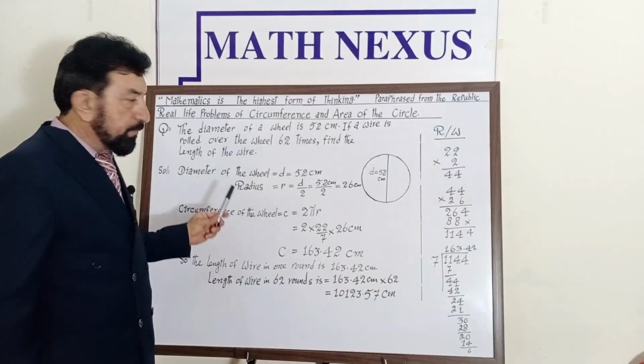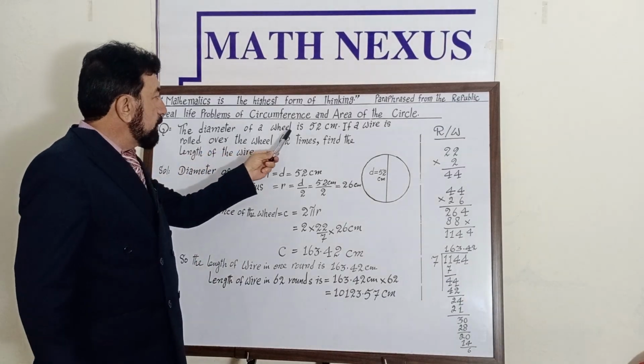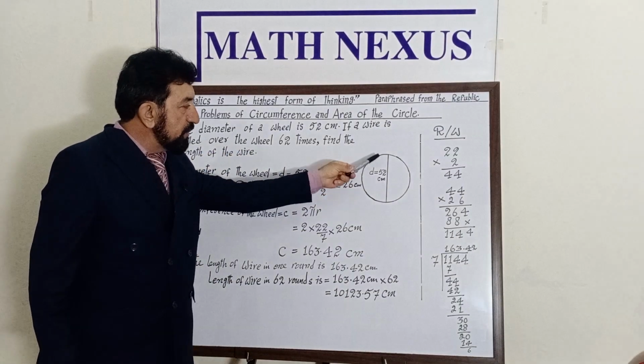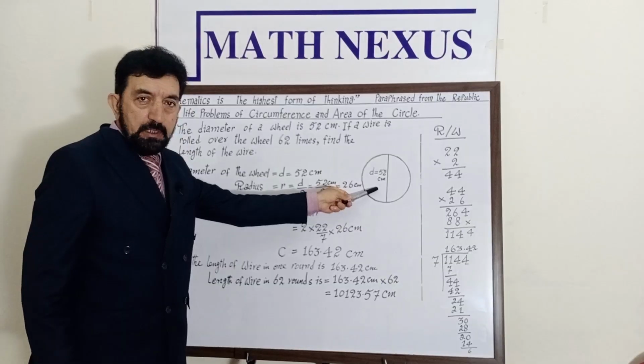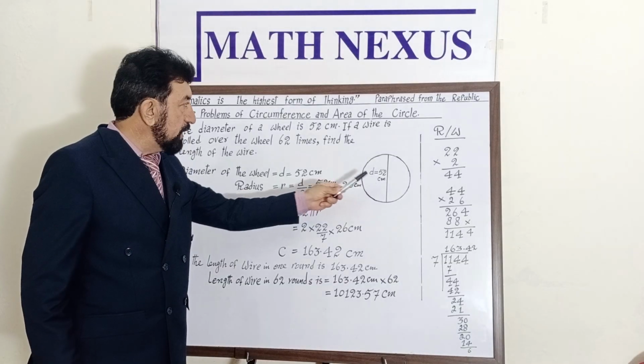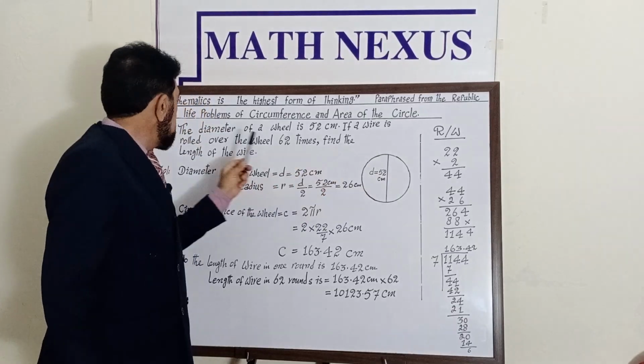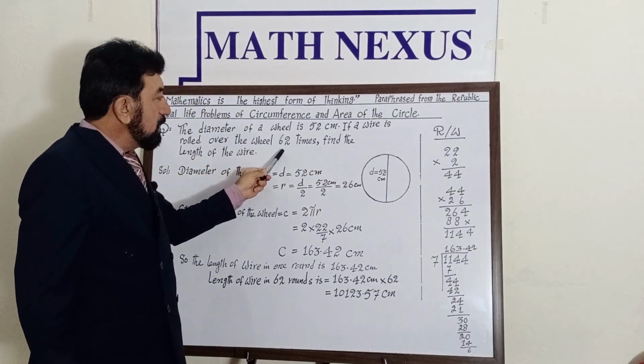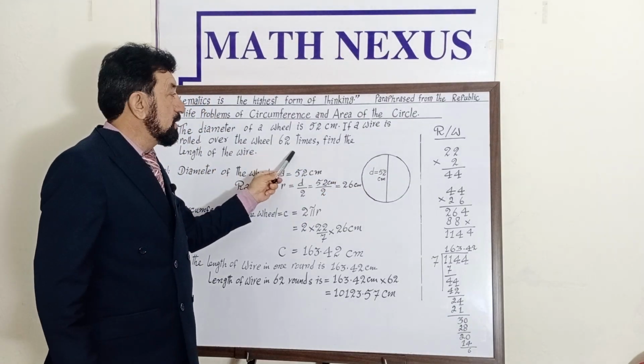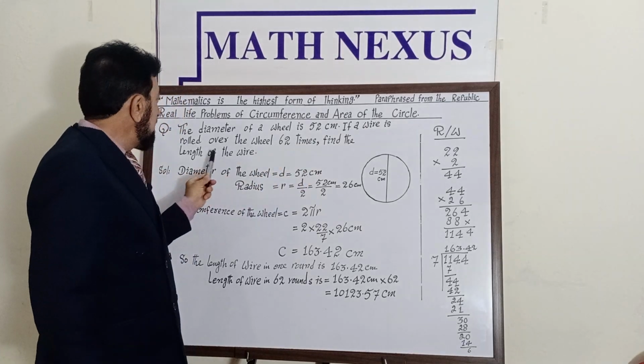The question. The diameter of a wheel is 52 centimeter. If a wire is rolled over the wheel 62 times, find the length of the wire.